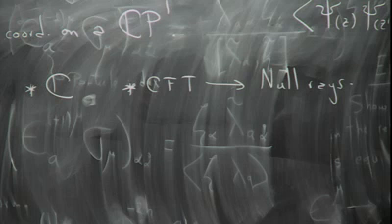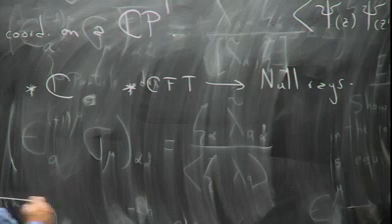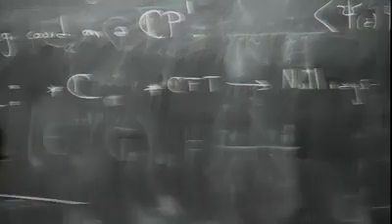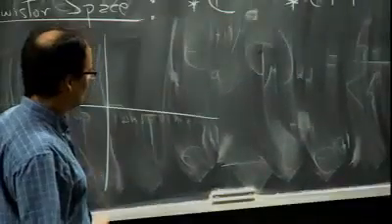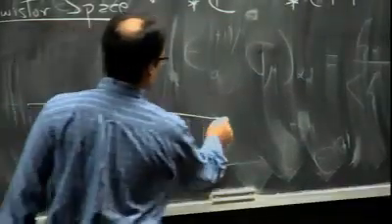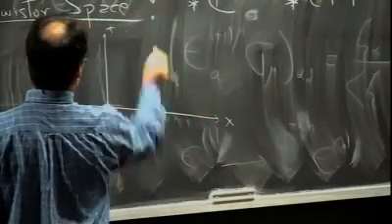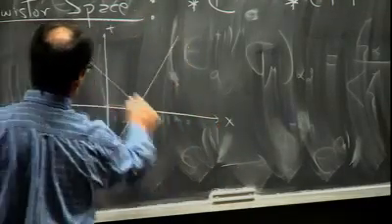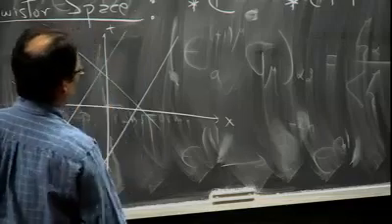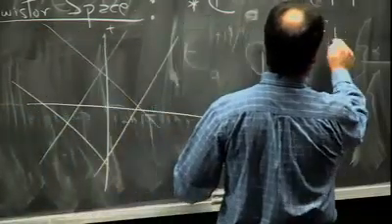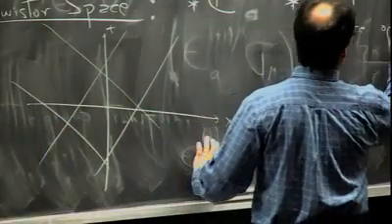Instead, Penrose thought that what you had to do was actually to think about null rays in space-time as the fundamental objects. The trajectories followed by null particles were fundamental objects in space-time. Okay? So you have null rays. So he thought that you need a space of null rays.